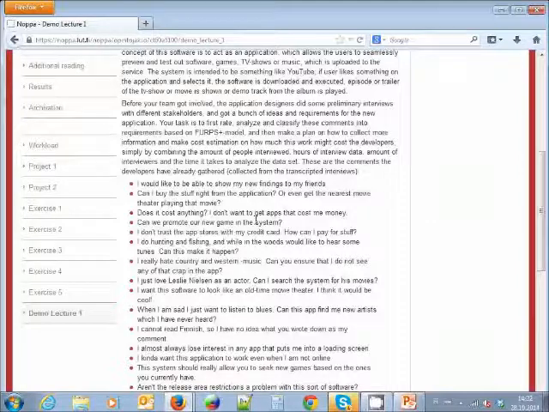So start by getting all the different categories as a sort of a sheet and create requirements. So gather all the requirements you think you can have based on those different quotes. I'll give you a couple of examples during the lecture.